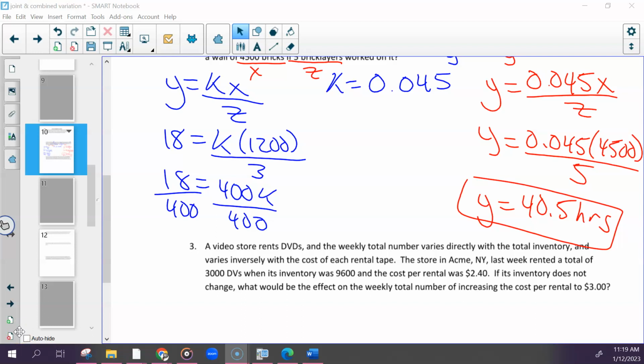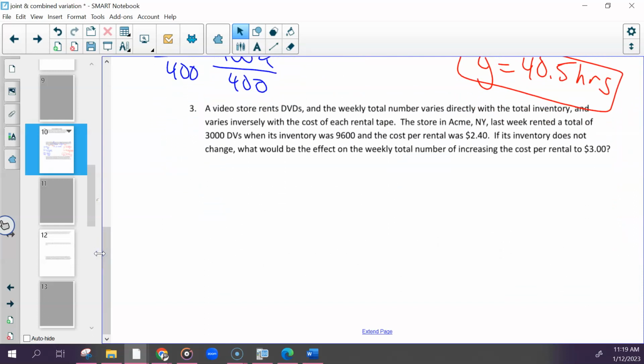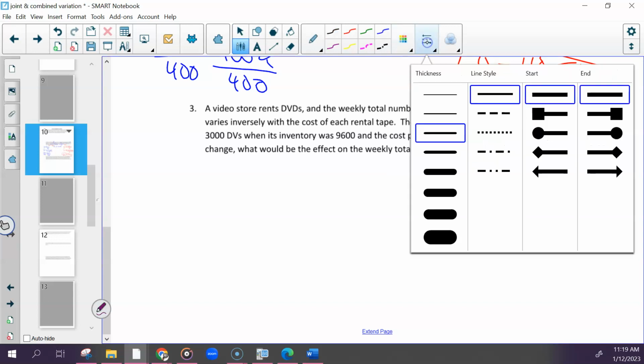First, did we have any questions on number 2? We're going to go on to number 3. It will be set up very similarly to how we just did 2.